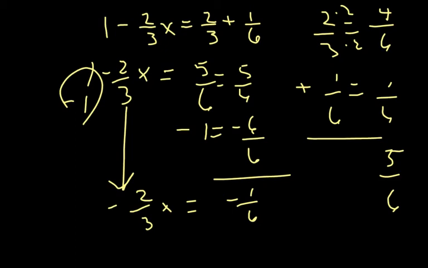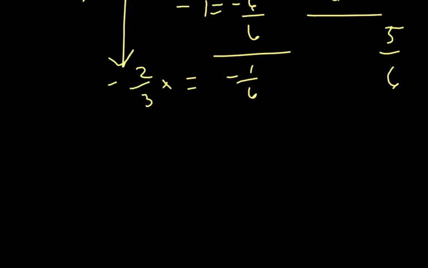So I'm trying to get everything up there. So now I want to multiply by the multiplicative inverse of negative 2/3, which should be negative 3/2. We'll do that to this side also.